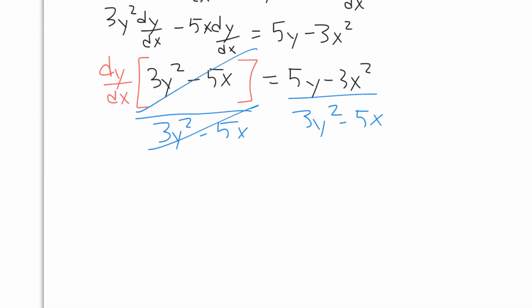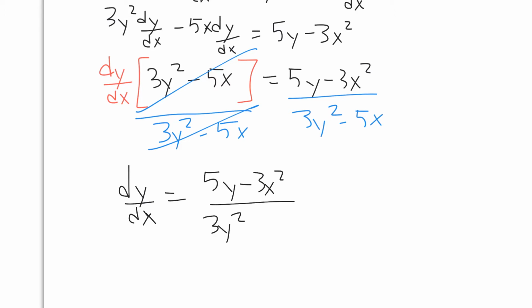Finally, I will have dy dx is equal to 5y minus 3x squared over 3y squared minus 5x. And if you notice, I've now solved my question. I have the derivative of y.